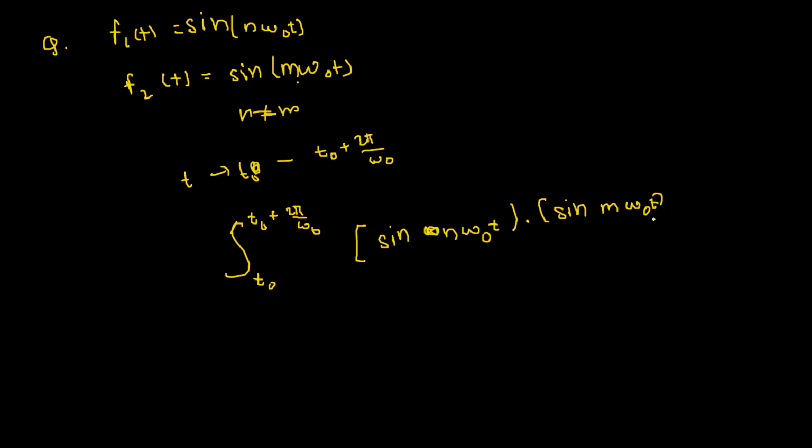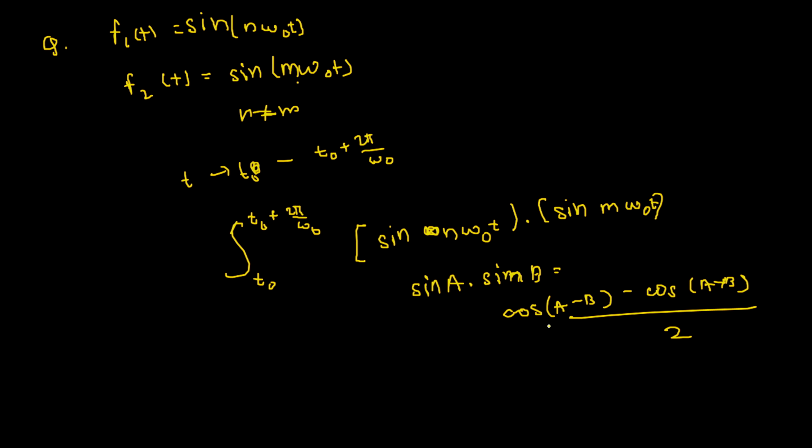This is of the form sine A into sine B, the identity for which is cos of A minus B minus cos of A plus B, divided by 2.